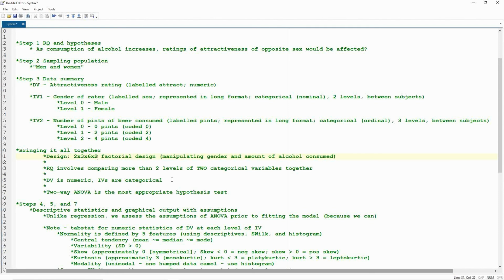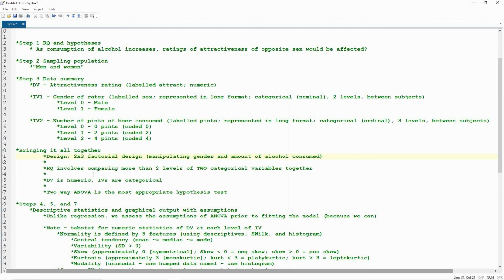So each number here represents a variable. So this here is the first variable, then the second, and then we had a hypothetical third and fourth. The actual value of the number represents the number of levels. So I have a 2 here because I have male, female. I have a 3 here because I have 0 pints, 2 pints, 4 pints. So it's 2x3 factorial design.